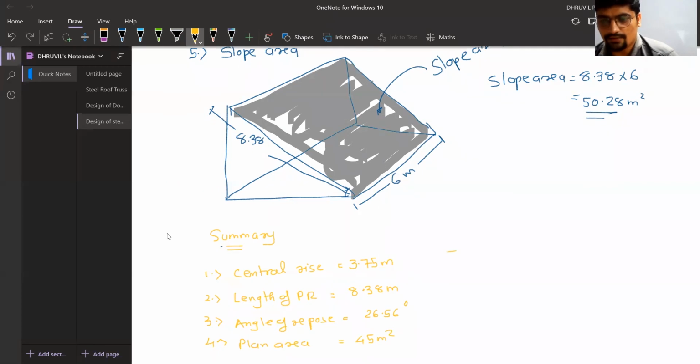Then slope area, 50.28 meters square. And number of panels, which is 5 for the half roof truss. So for the full roof truss, the number of panels will be 10.